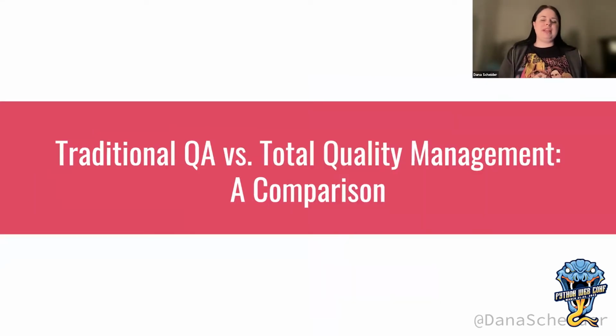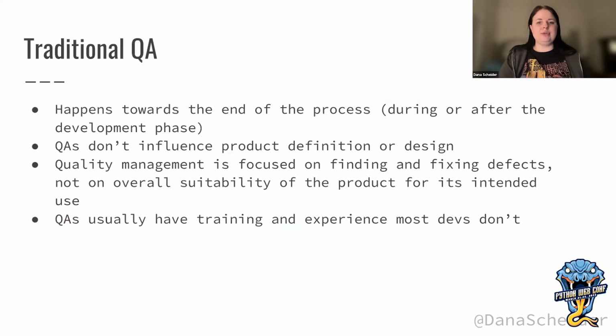So at this point, now that we've kind of nailed down the definition of quality, I want to move on to a comparison between traditional software QA versus total quality management, or TQM. So when we look at a traditional software QA process, we're looking at something that happens toward the end of the development cycle.